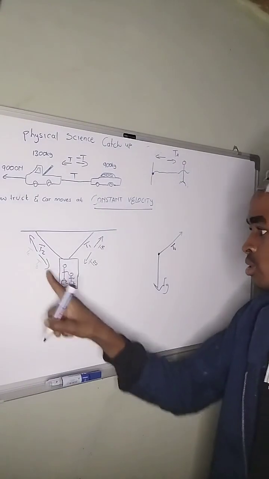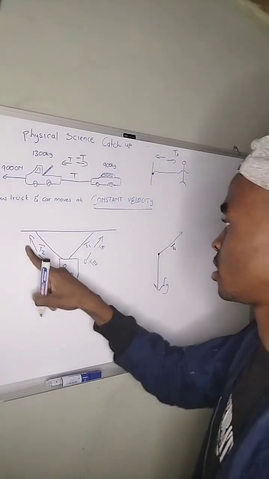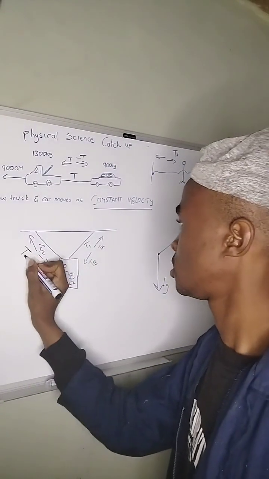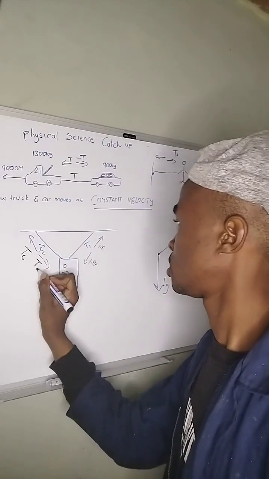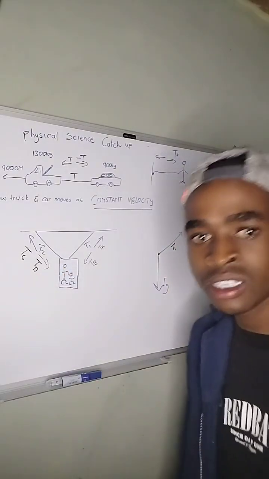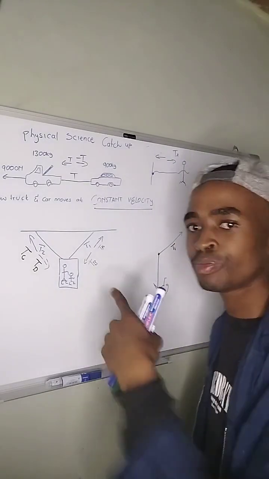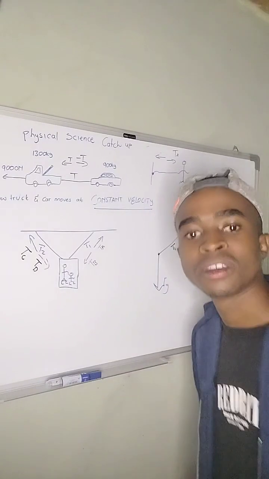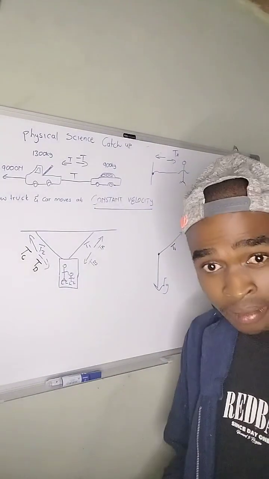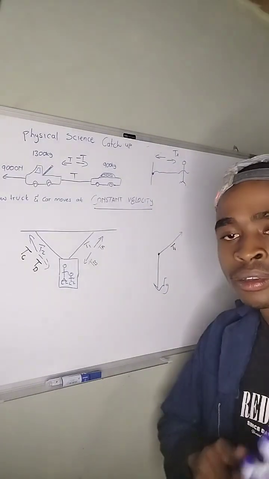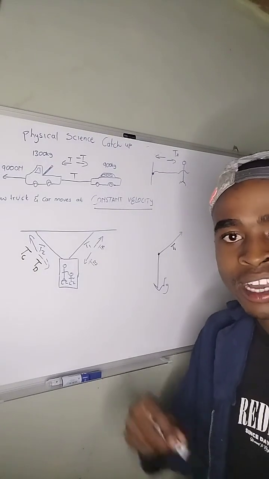Between TC and TD, which one is going to resist this picture to go down? Thank you very much, guys.